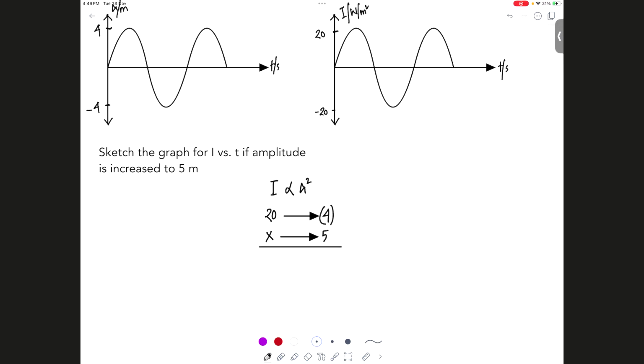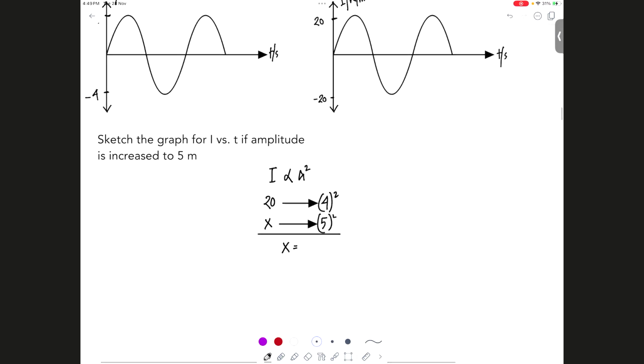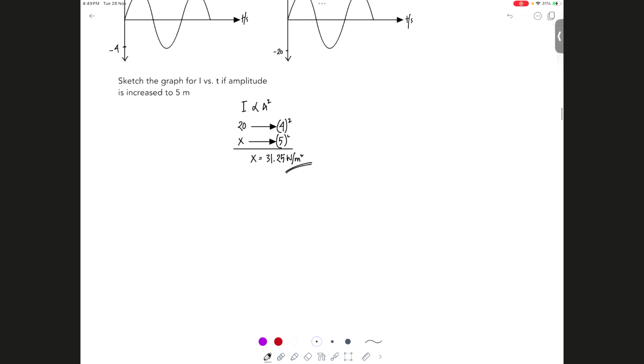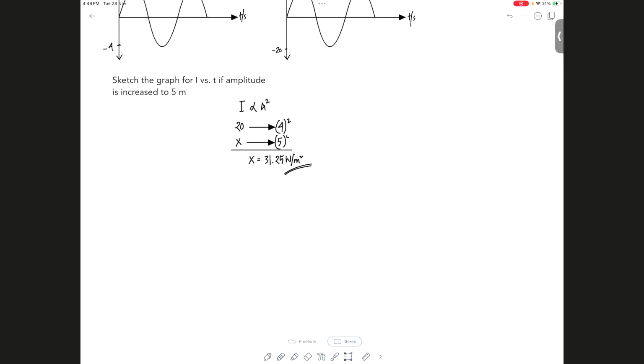So what do we have to do to the sides? Squared. So you square this side and you square that side as well, and the value of x that comes from here is your answer. So 25 into 200 by 8. How much is it? 31.25 watt per meter squared. So that's your typical question.